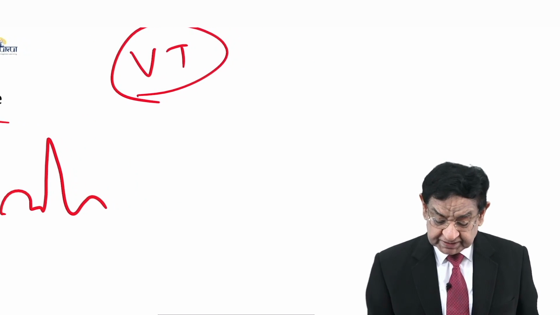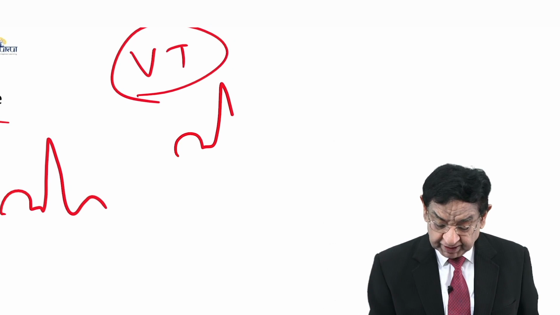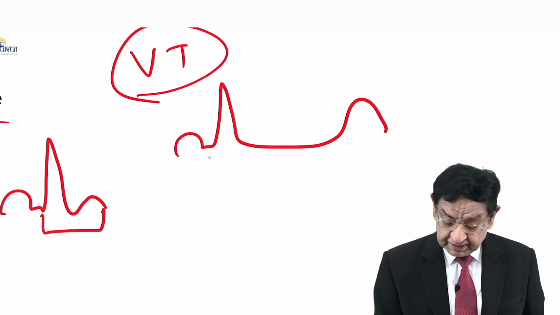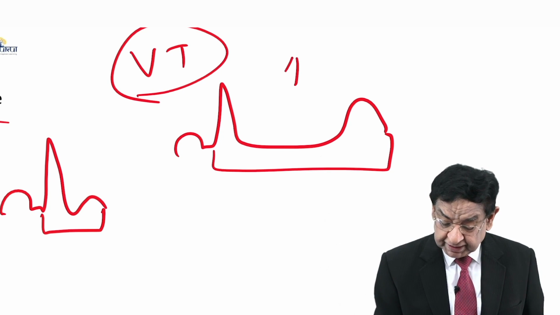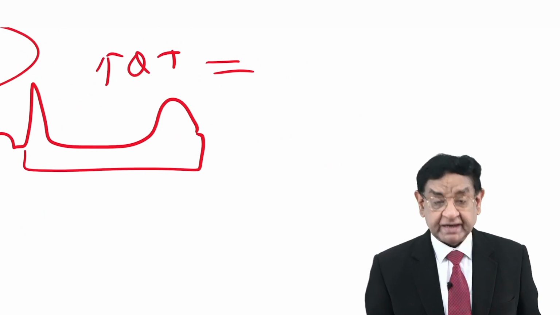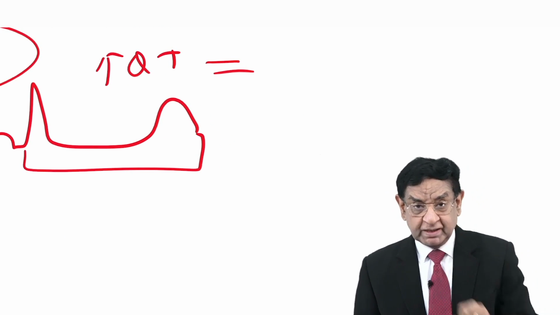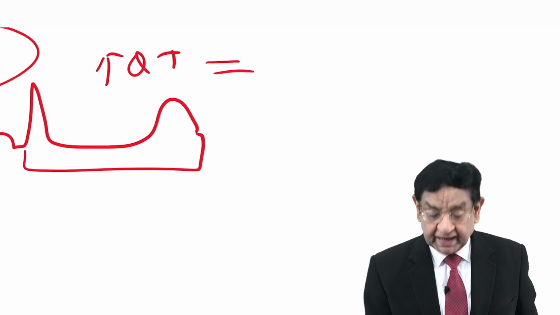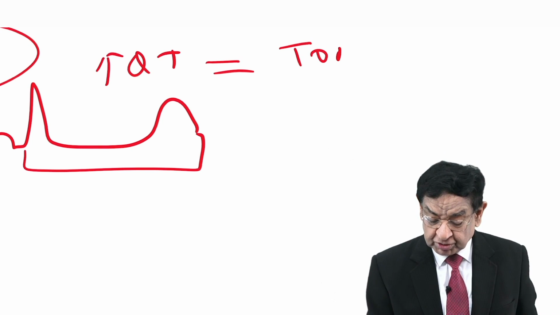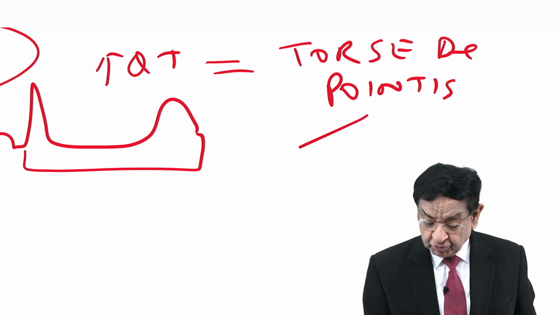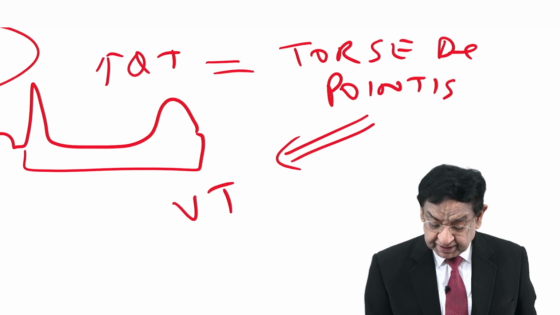Well, the answer is, here we get a prolonged QT interval. This is the QT interval, and here we are getting a prolonged QT interval. This prolonged QT interval can occur due to both hypokalemia and hypomagnesemia. Now, this prolonged QT interval can go to the arrhythmia called torsades de pointes, which can go at any moment into ventricular tachycardia.